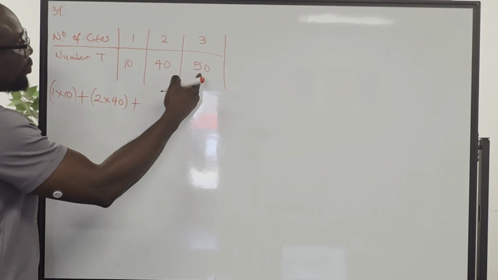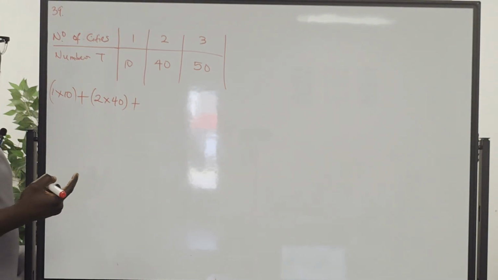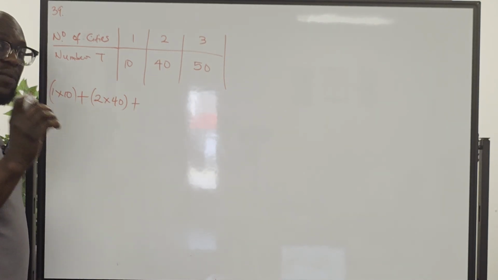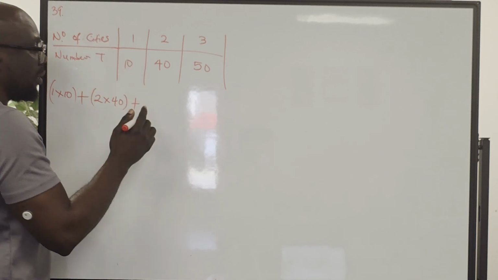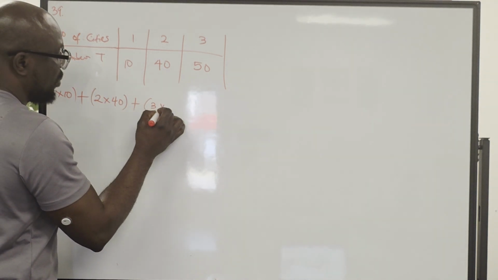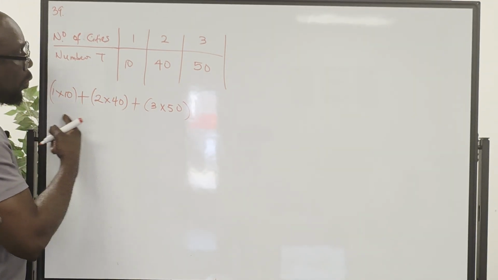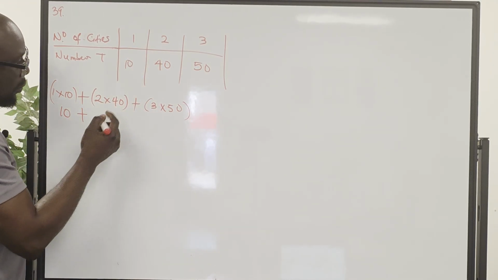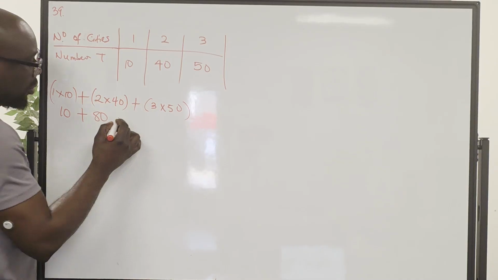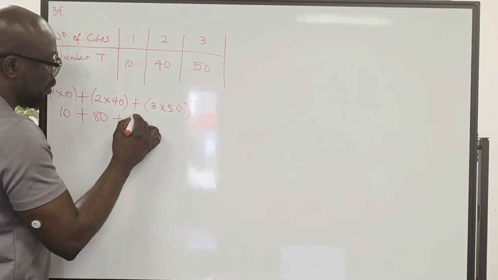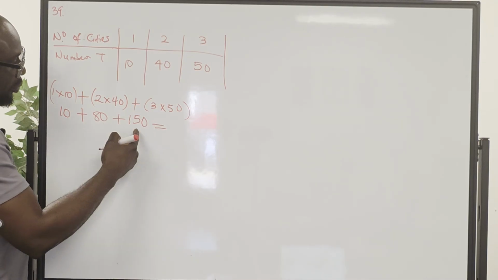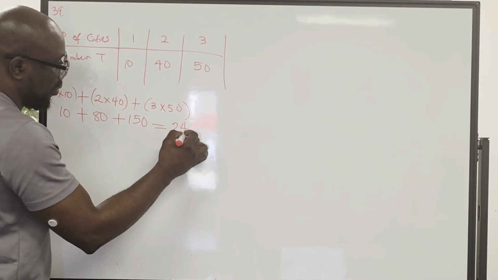Then you now have 50 people who visited 3 times. So you have a total of 150 visits. So that is 3 times 50. So the total visits is going to be 10 plus 80 plus 150, which will give you 240.